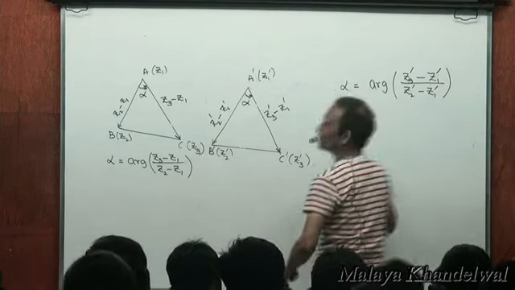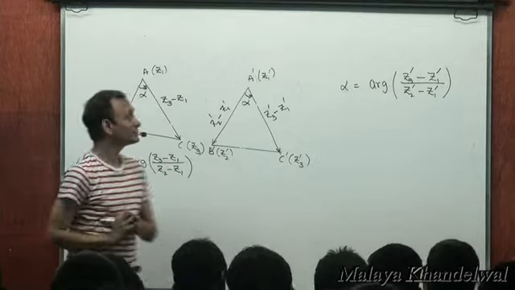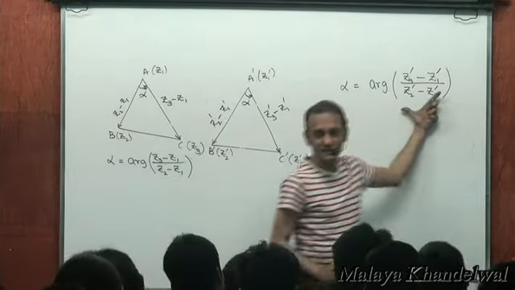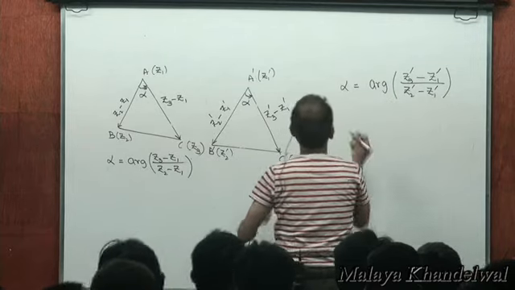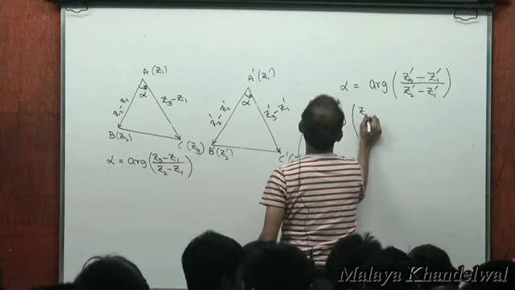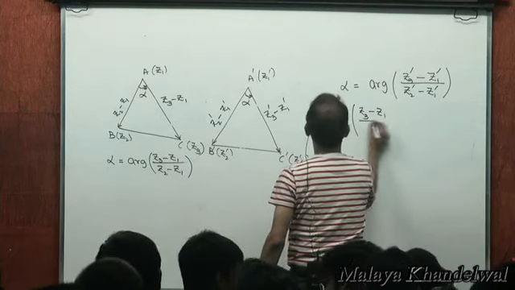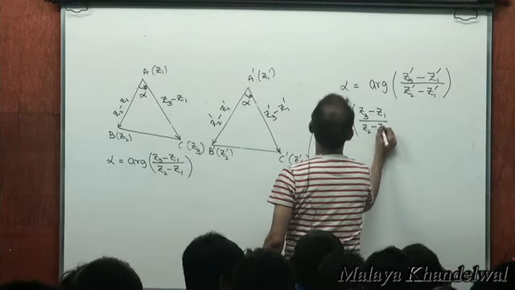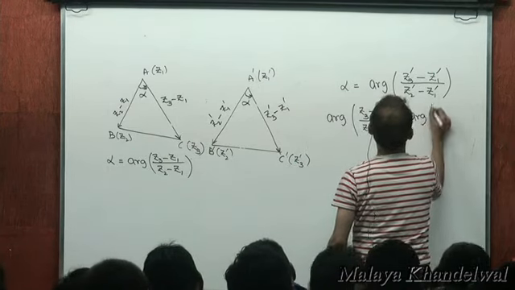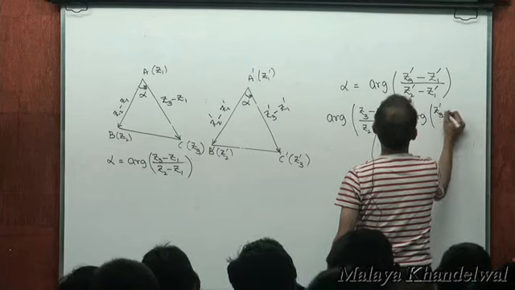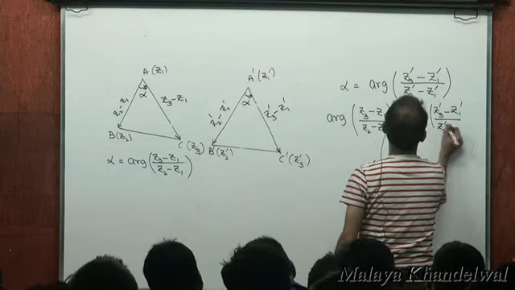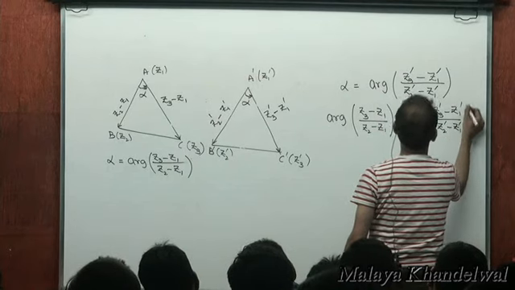Yes or no? And if these two angles are equal, then this will be equal to this. That means argument of Z3 minus Z1 divided by Z2 minus Z1 must be the same as argument of Z3 prime minus Z1 prime divided by Z2 prime minus Z1 prime. Yes or no?